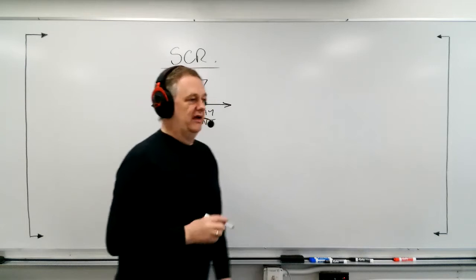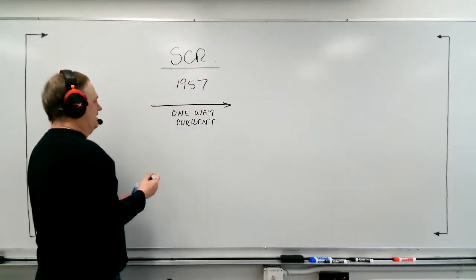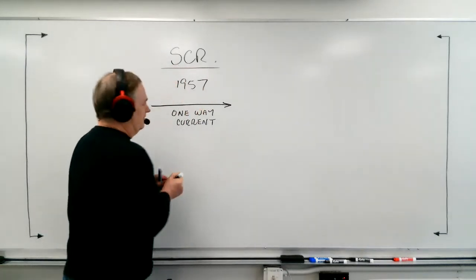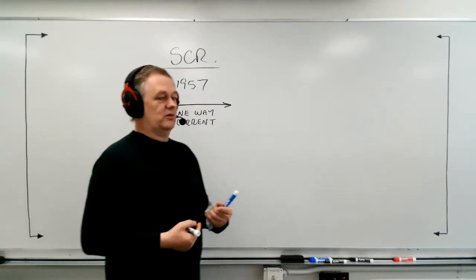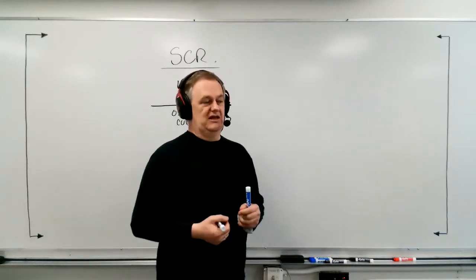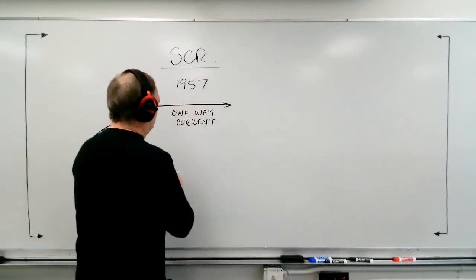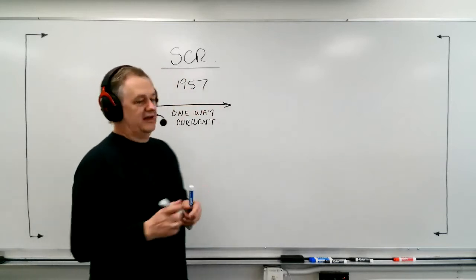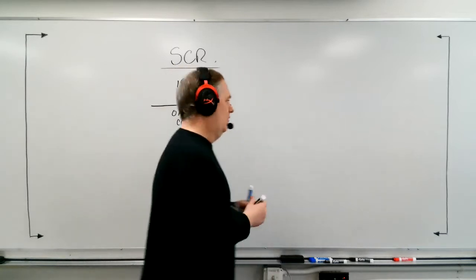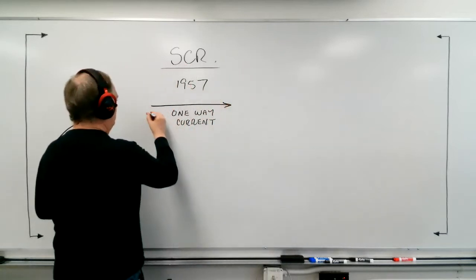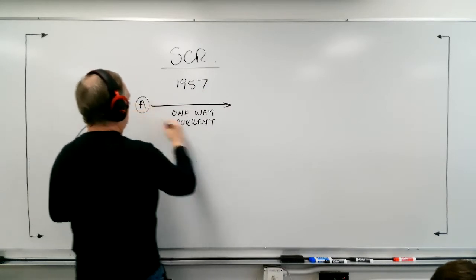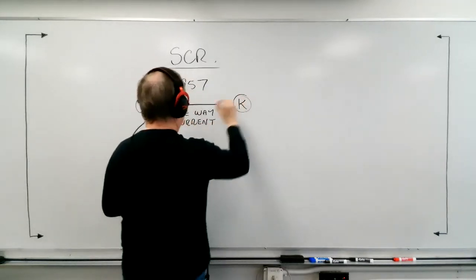Even though we can use it in AC circuits, it's used as a rectifier in an AC circuit. Current never flows back and forth through it. It's always one way, from the anode to the cathode.